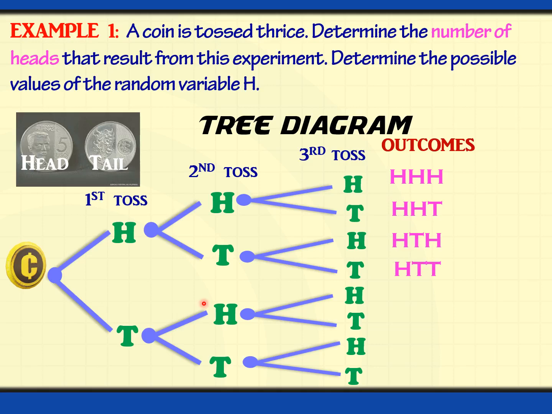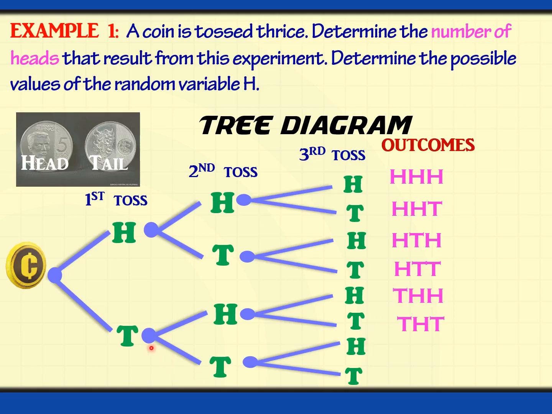Can you follow? Okay. Now, if we have a tail on the first toss, a head on the second toss, we can have a head on the third toss, or a tail. So, we have here now tail, head, head, or tail, head, tail.